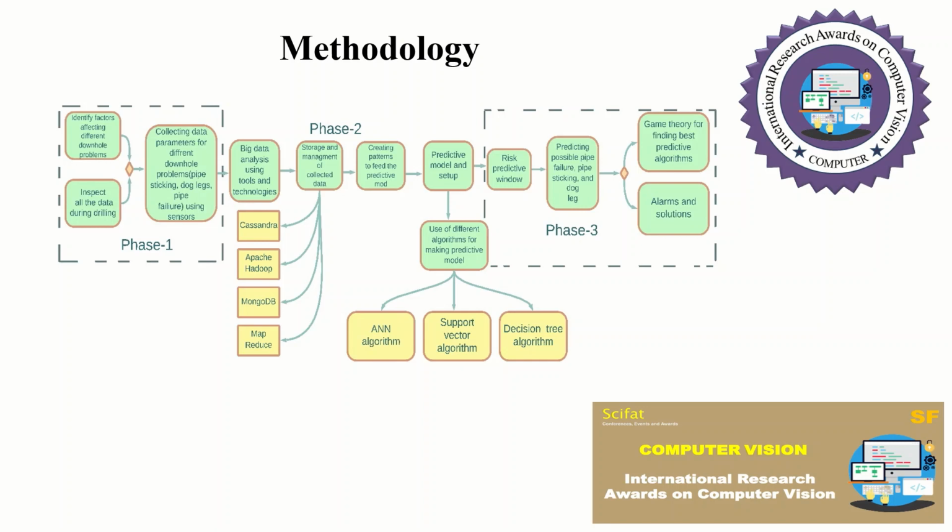And finally, game theory will be used for identifying the best predictive algorithm from the given ANN, support vector, decision tree algorithms, etc. so that it may be economically more viable.